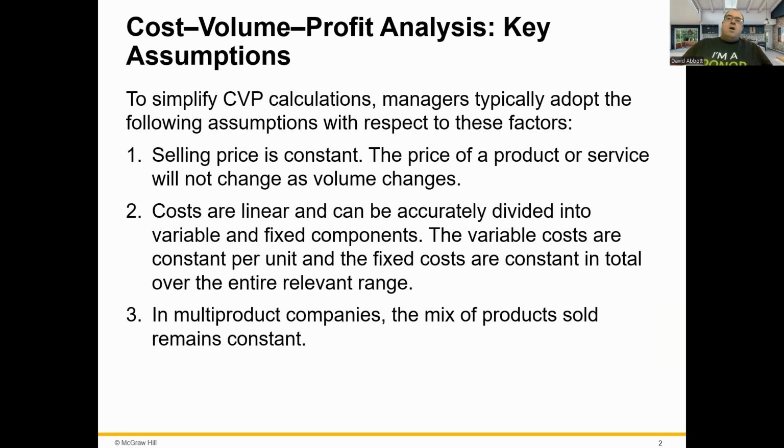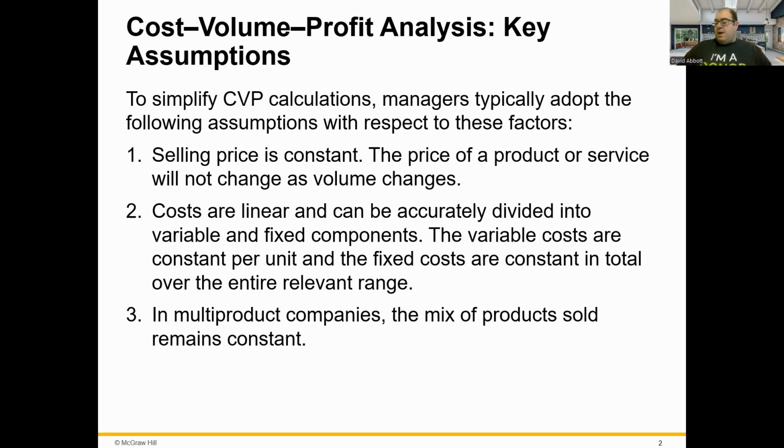All right, so there are three basic assumptions that we're going to use in order to help us make these calculations and this analysis. The first one is that the selling price is constant, meaning that the selling price would stay the same for the product or service regardless of the volume.